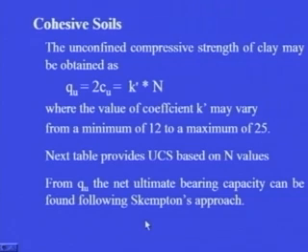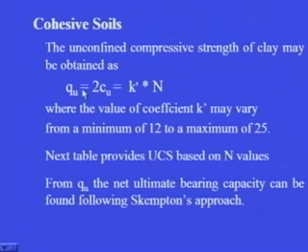The N values are also related to the unconfined compressive strength, and from unconfined compressive strength we can determine the undrained cohesion, which can be used in the calculation of bearing capacity. The unconfined compressive strength of clay may be obtained as qu equal to, this is the undrained or unconfined compressive strength.